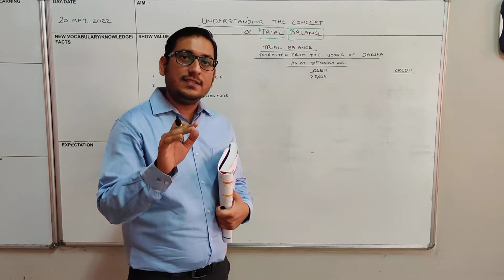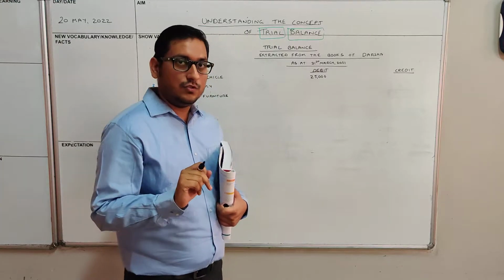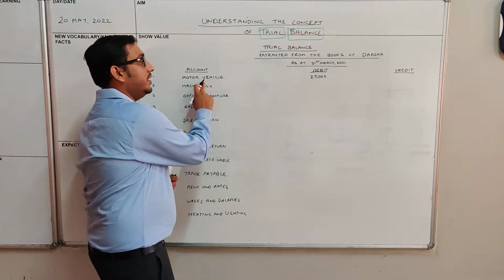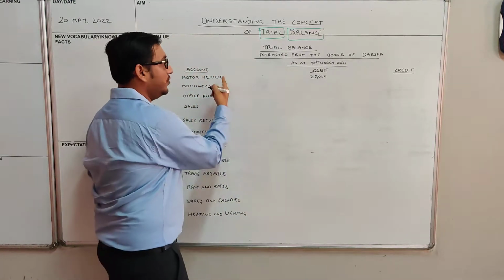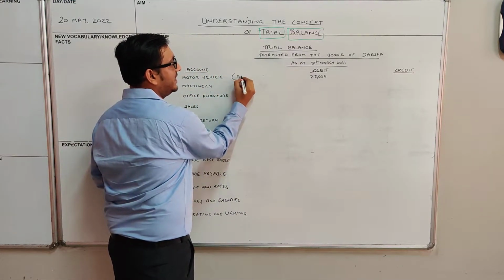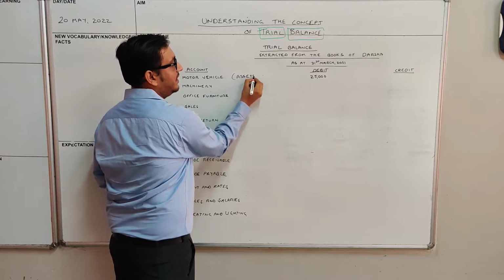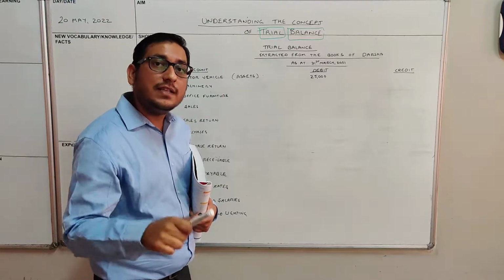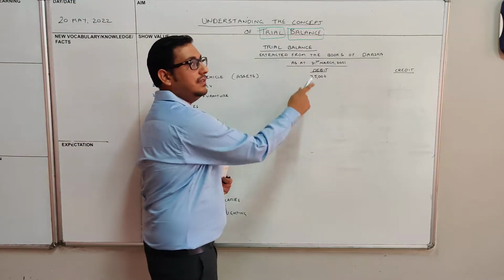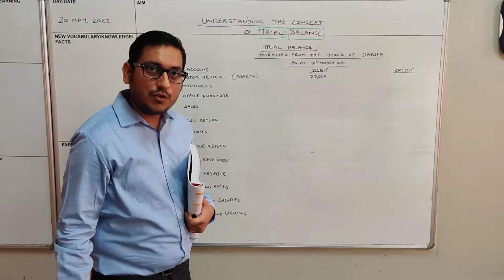If you have done this, then play the video. So motor vehicle comes under the debit side because it is an asset. The balance of assets will always be debit.